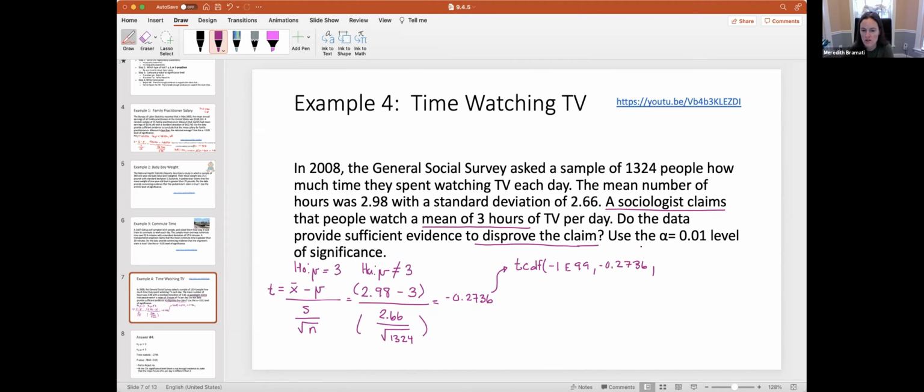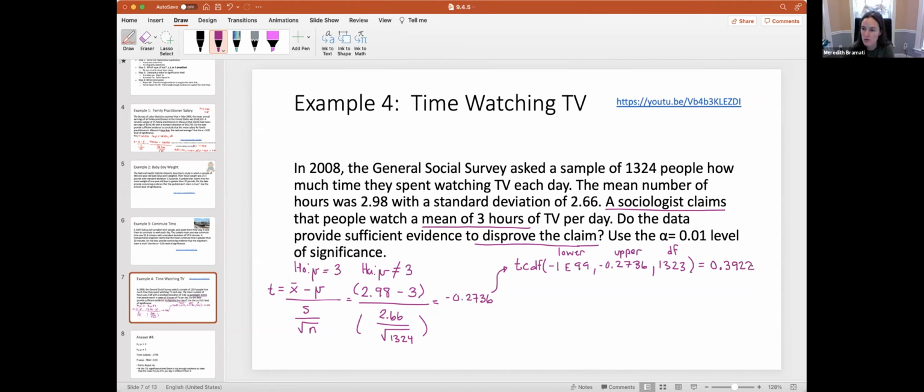What's our degrees of freedom on this? 1323, because that's our degrees of freedom. When we compute this, what do we get? 0.3922.